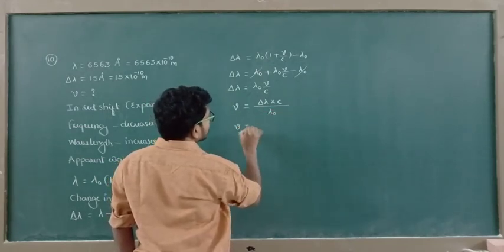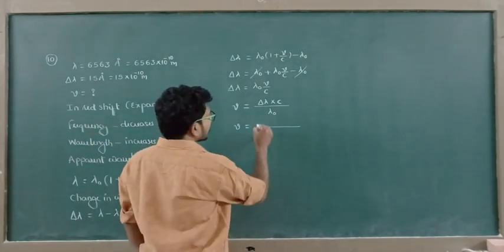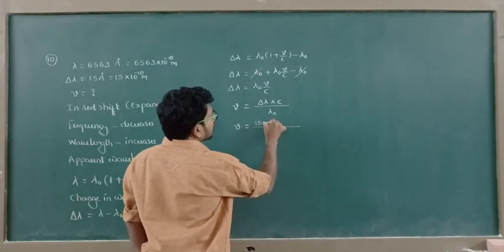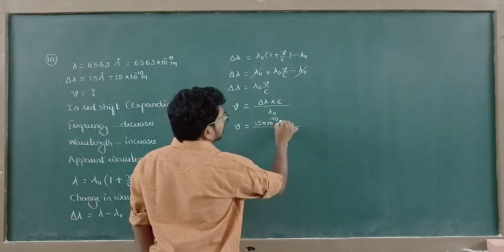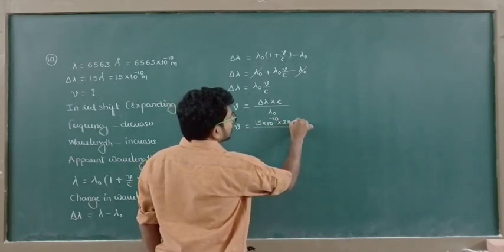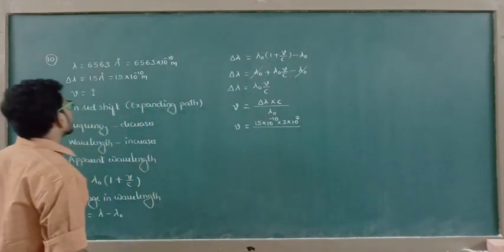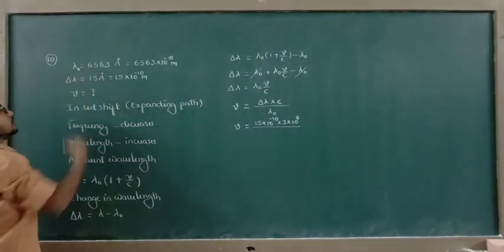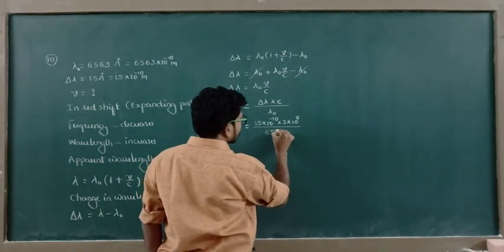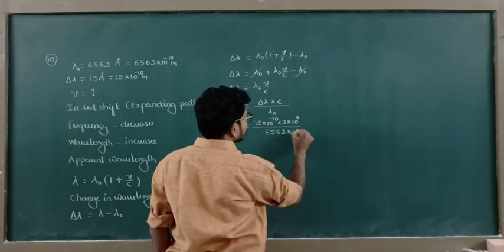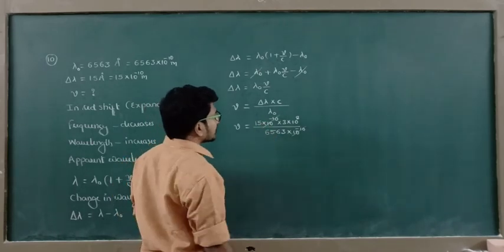Then relative velocity is equal to, substitute the values, delta lambda 15 into 10 to the power minus 10, speed of light 3 into 10 to the power plus 8 meter per second, original wavelength lambda naught, which is equal to 6563 into 10 to the power minus 10. 10 to the power minus 10, 10 to the power minus 10 get cancelled.